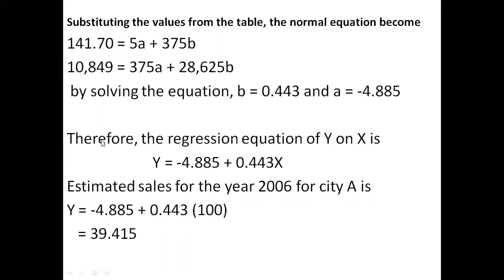Based on these values, as the equation of y on x was y equal a plus bx, in place of a we have inserted the value of a, which is minus 4.885, plus bx, we will insert the value of b, which is 0.443. In that manner, we have got this equation. In the question it is given that you need to calculate the value for 100 lakh families.